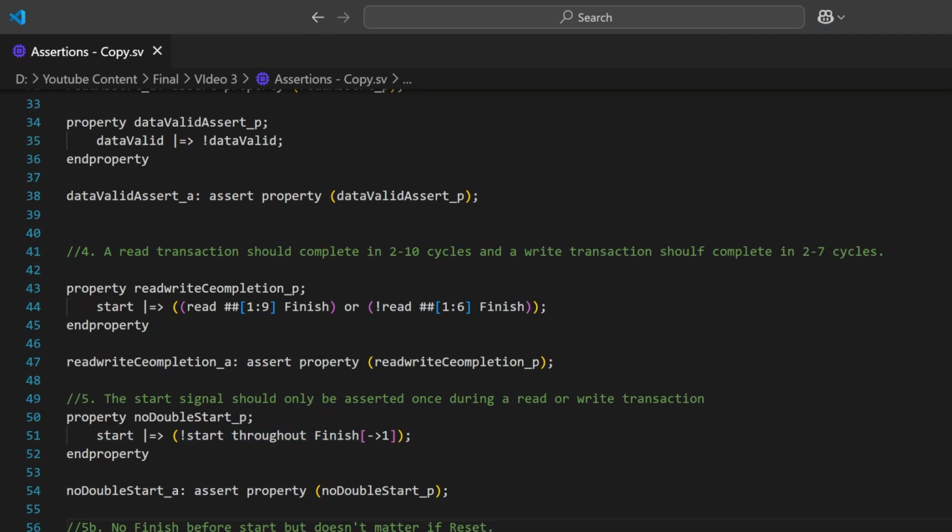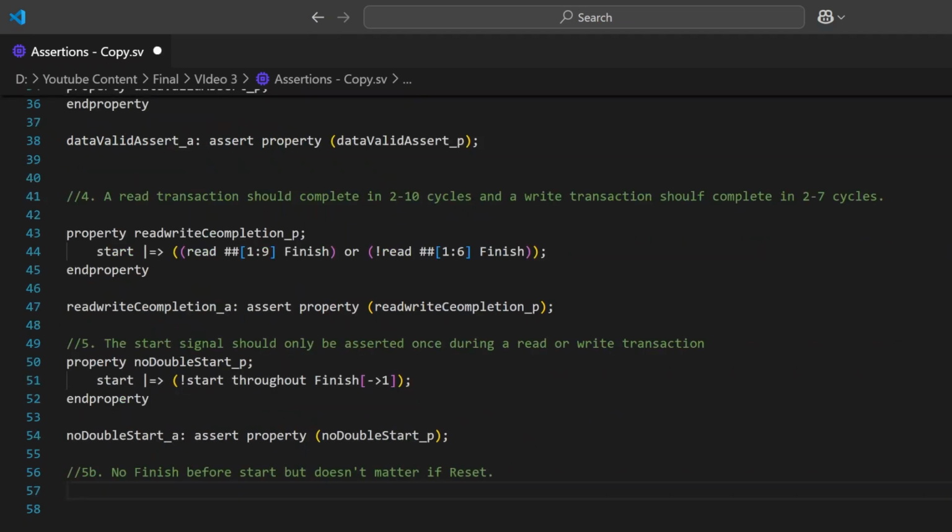So moving on with our last property, which says no finish before start, but it doesn't matter if there is a reset. So basically it means that when finish is asserted, indicating the transaction is complete, it should remain deasserted unless it sees another start signal asserted. And it also mentioned that it doesn't matter if the reset signal is asserted.